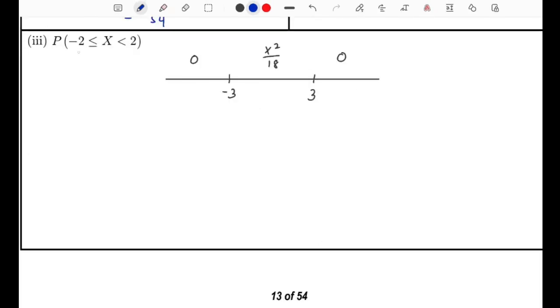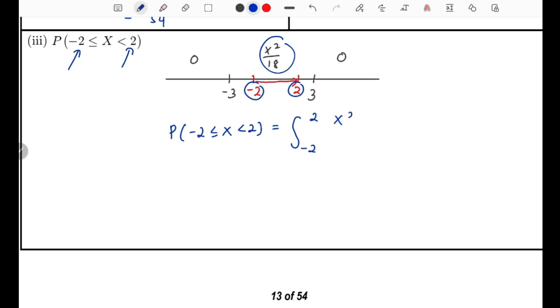And then find the probability from negative 2 until 2. Put negative 2 onto the number line, and also 2. And then we're going to find the probability from negative 2 until 2. So to find the probability, we just need to integrate from negative 2 until 2, and the function is x squared over 18.